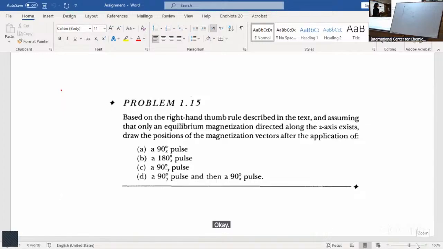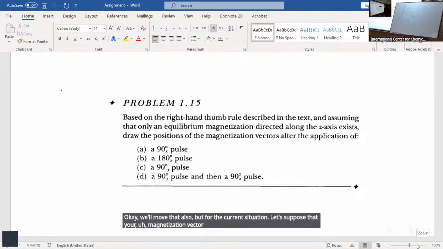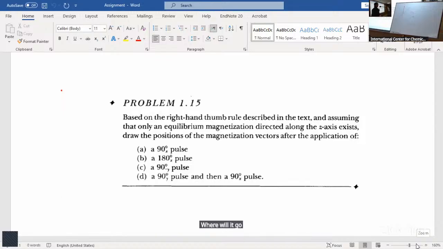You have to answer all of these individually. Suppose your magnetization vector is at plus Z and you initially gave a 90x pulse. Where will it go? Plus Y. Okay. And where will a 180x pulse take it?